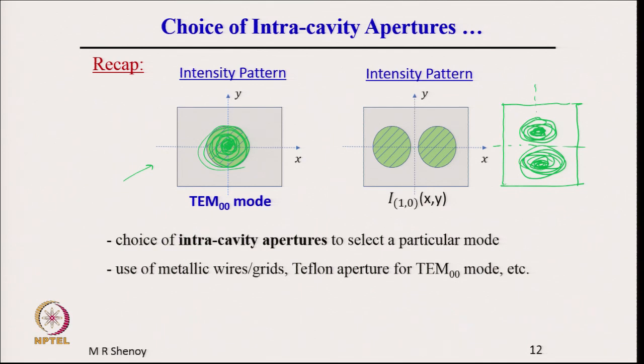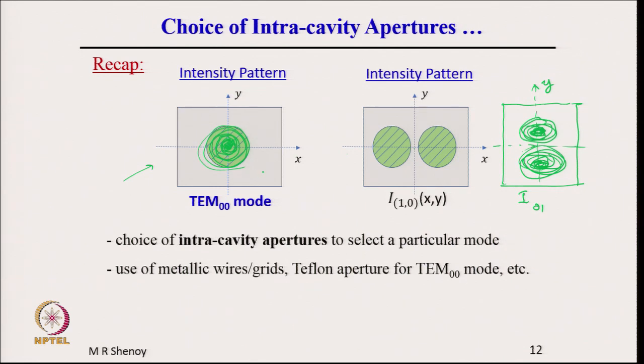This is the y axis. When you go along the y axis here, we encounter a 0 here. Here when we go along the x axis, there is a 0 here. That is why this is I10 and this is I01, the intensity pattern in the cross section.